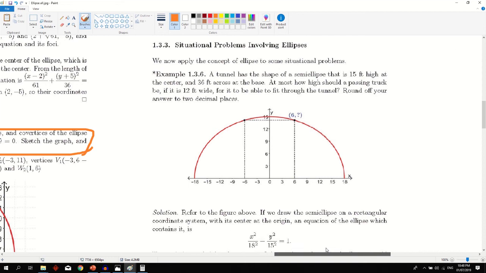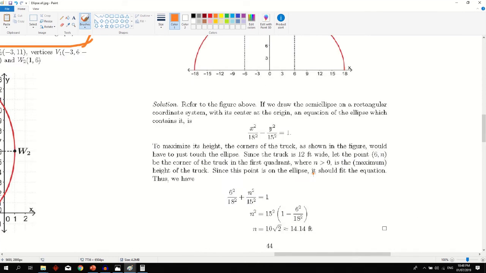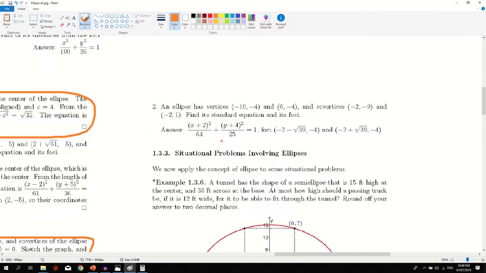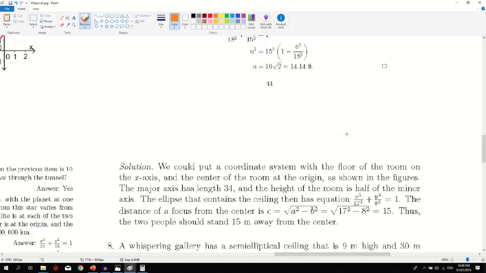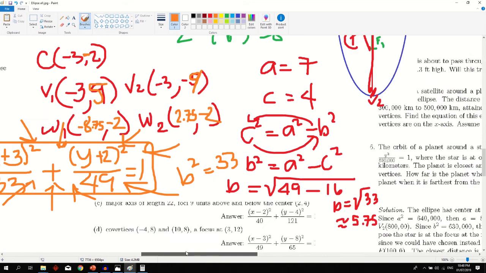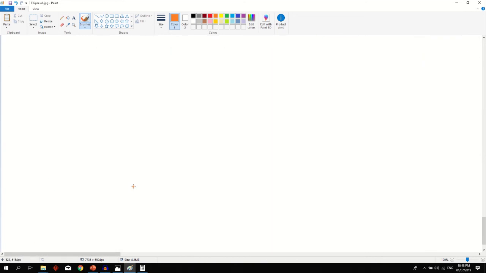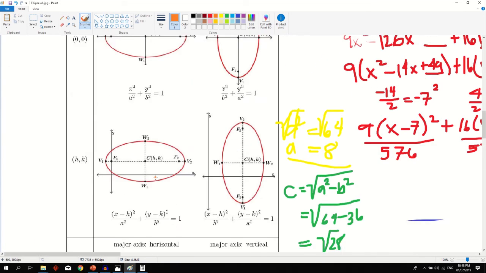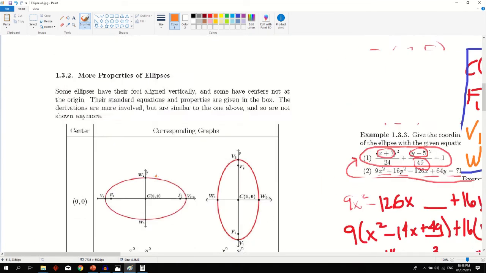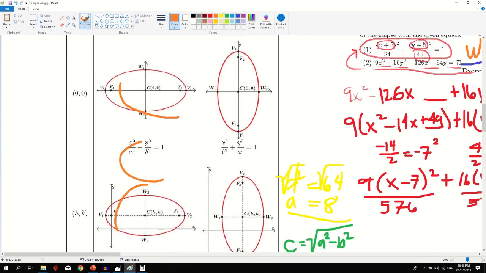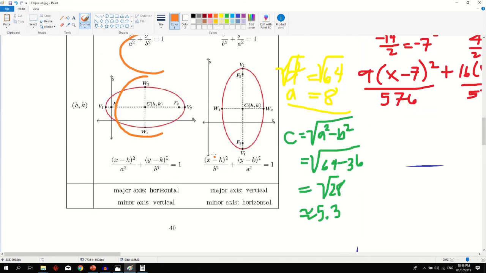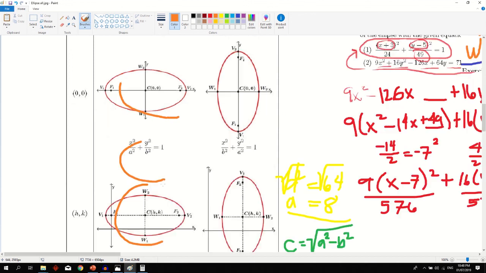You can answer that, and as you can see here, another will be solving problems involving ellipse. So we will be tackling all of this. So another is this one. So there's no need to be afraid of this, right?